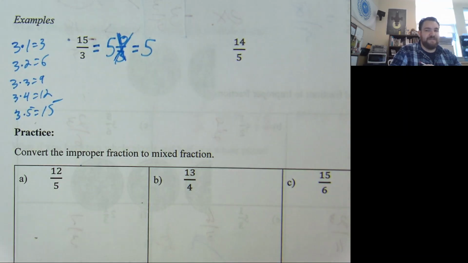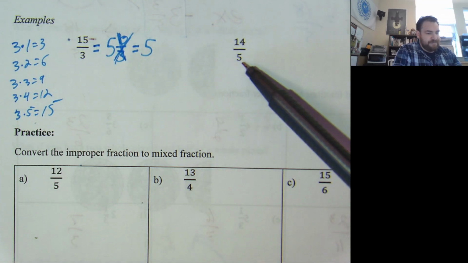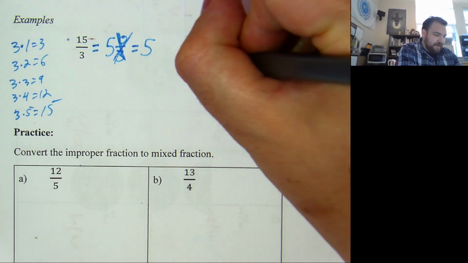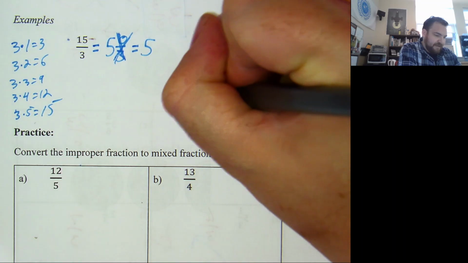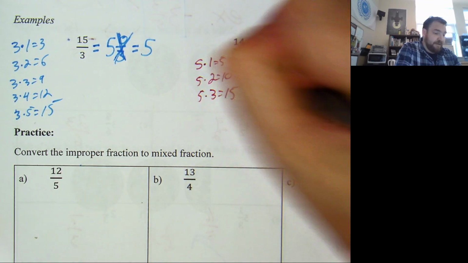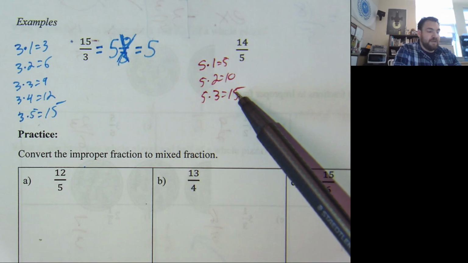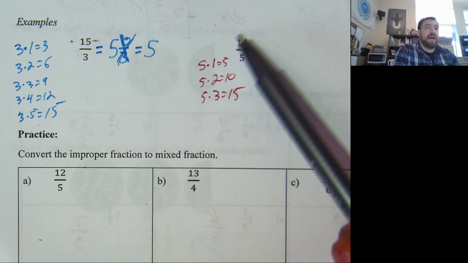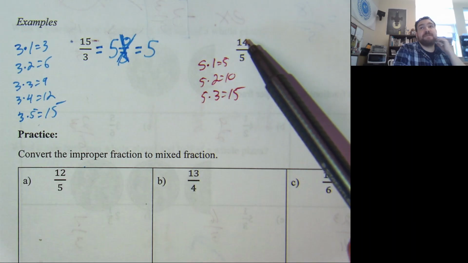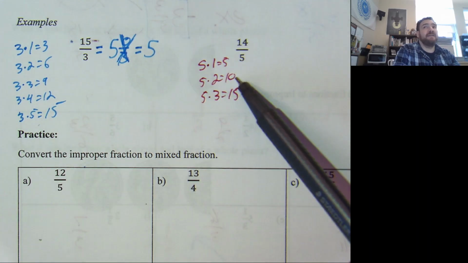And look at 14 fifths. Well, again, if the mental arithmetic is something that we weren't trying to avoid, we can write it out. 5 times 1 is 5. 5 times 2 is 10. 5 times 3 is 15. So the largest number that we can pull out of 14 that happens to be a multiple of 5 is 10.